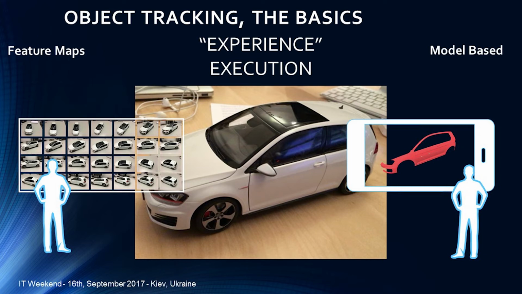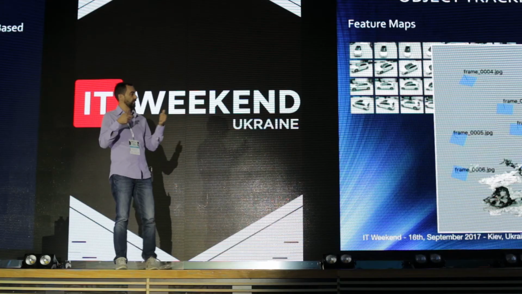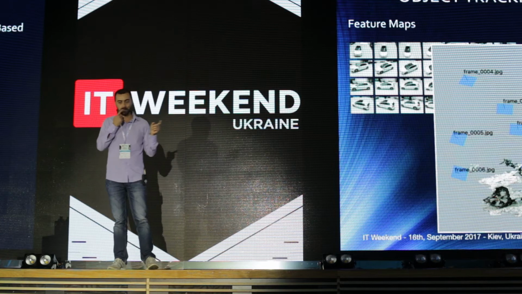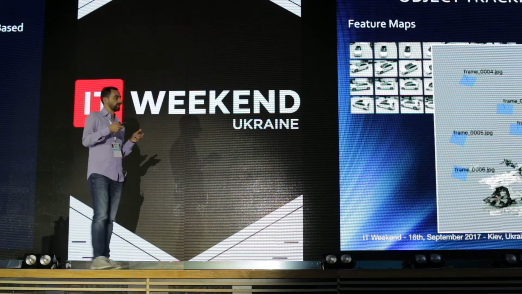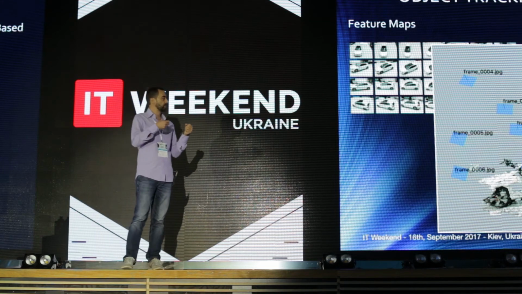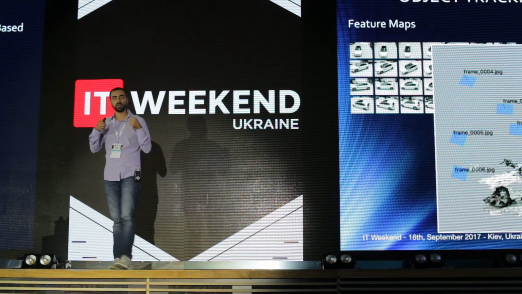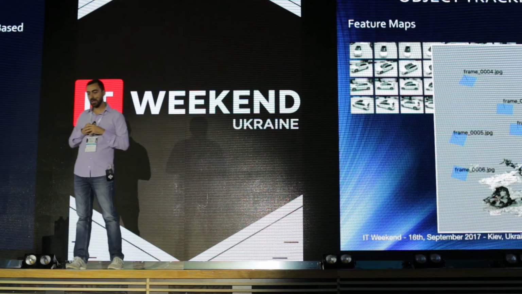And also, as you can see in the blue squares, the method allows you to reconstruct the position of each photograph that you took to create that point cloud. And this is important because during the execution of the experience, the user somehow must be near those positions in order to start tracking the object.